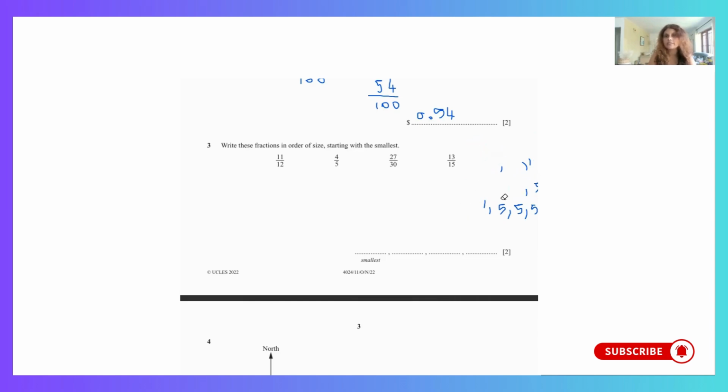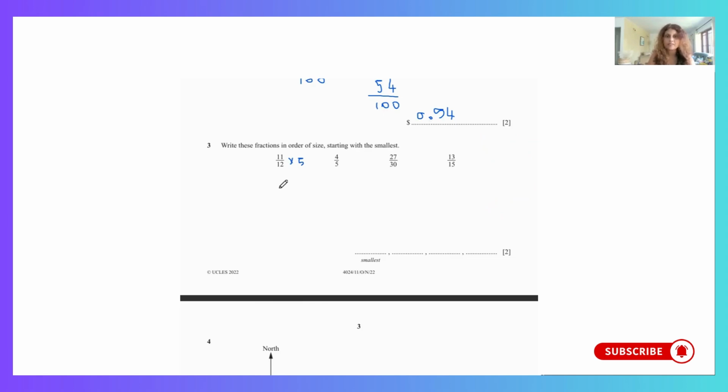So I can convert all these four fractions into fractions with the denominator of 60. So 12 times 5 is 60, so this fraction I multiply by 5. Even though I say multiplying by 5, I think you all know we need to multiply the denominator by 5 as well as the numerator by 5 separately.